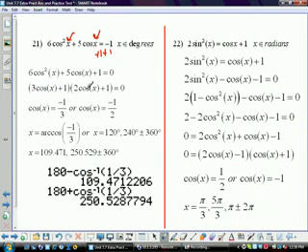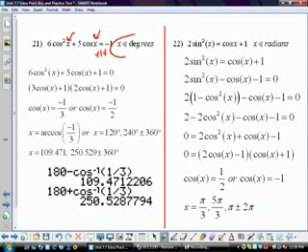So I get 3 times cosine x plus 1 and 2 times cosine x plus 1 equals 0. I set both of them equal to 0, and I solve. Cosine of x equals negative 1/3, or cosine of x equals negative 1/2. Remember, I'm just setting each part equal to 0 and solving. I subtract 1, divide by 3.